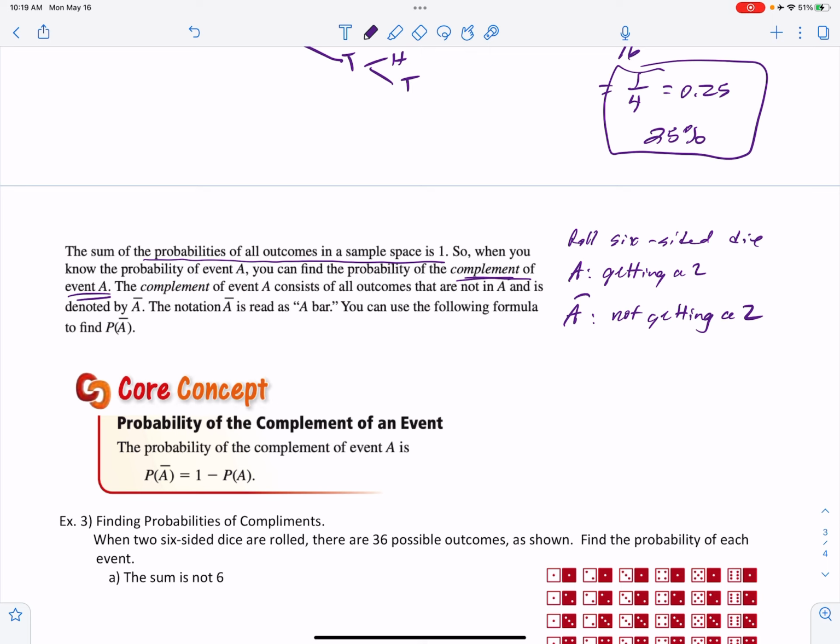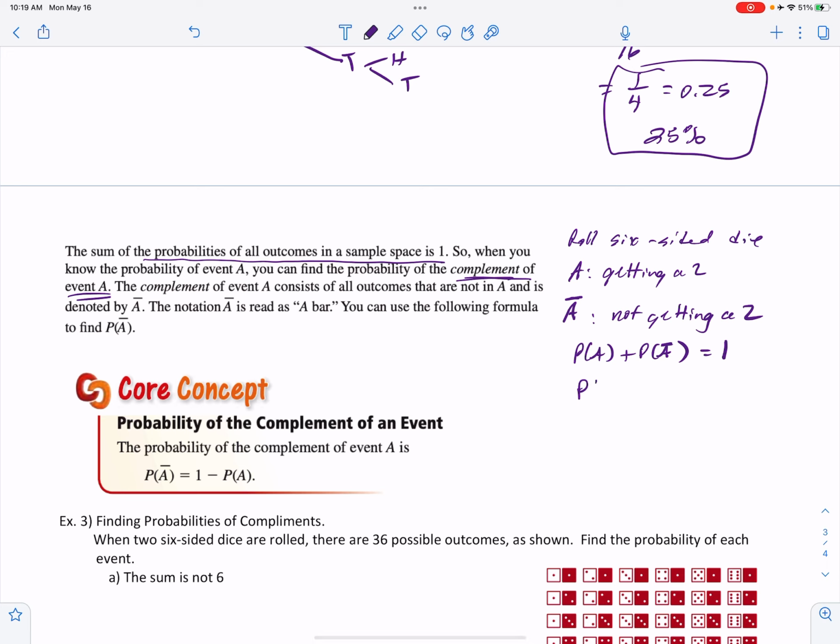So the complement of event A consists of all outcomes that are not in A, and it's noted by a bar. So this is A with a bar over it. Right now, the probability of A plus the probability of A bar, since A bar is everything except for event A, will total 1.